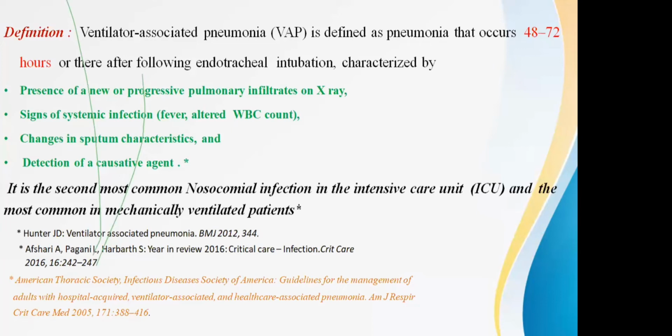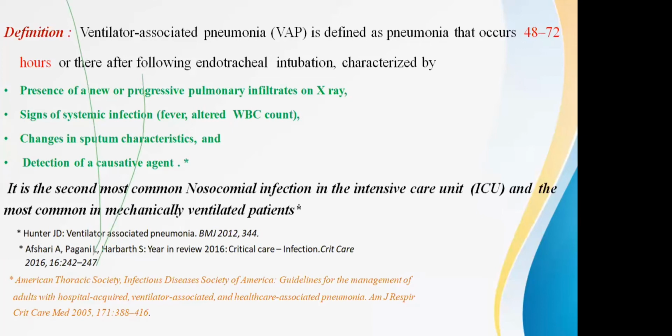Earlier, before labeling VAP, it used to be called only pneumonia, or even with a ventilator they used to label it as PNEU. Any pneumonia which occurs beyond 48 hours in a patient who is already on endotracheal intubation.